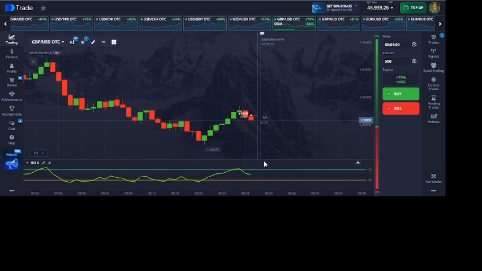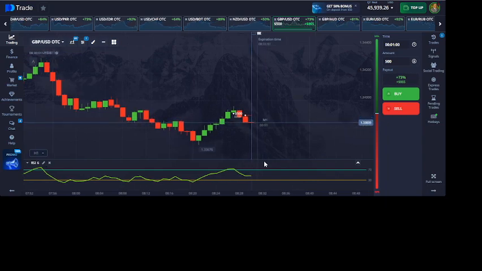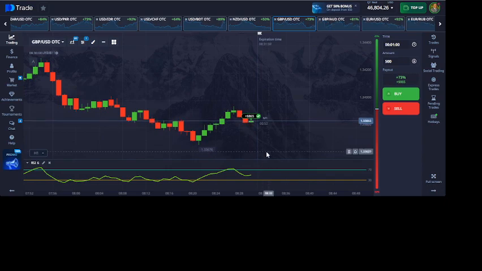So let's monitor this trade and wait for the expiration. Okay, great. So we won that trade.